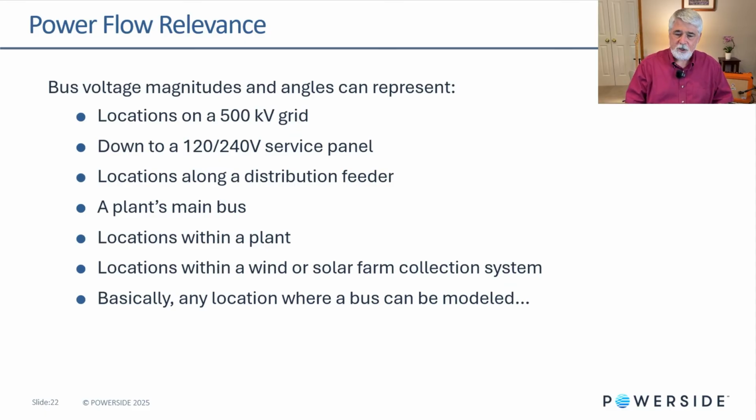Bus voltage magnitudes and angles can represent locations on a 500 kV grid down to a 120/240 volt service panel. Or locations along a distribution feeder, a plant's main bus, locations within a plant, locations within a wind and solar farm collection system, or basically any location where you can model a bus between any other two pieces of electrical equipment.